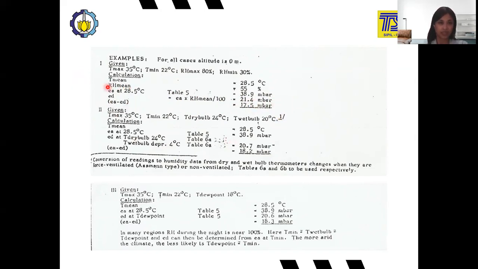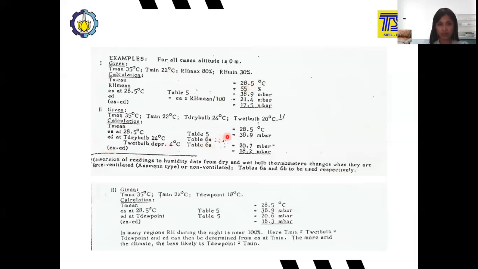The second method can be used if we have the data of temperature and psychrometer temperature. Here we have the dry bulb and wet bulb thing, which we don't have in the previous method. And then after that, we can calculate the average of the temperature, as we calculated before, 28.5.